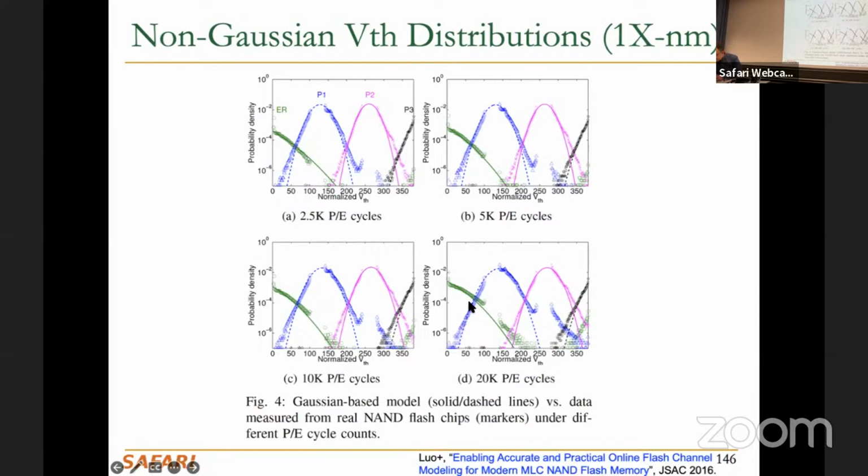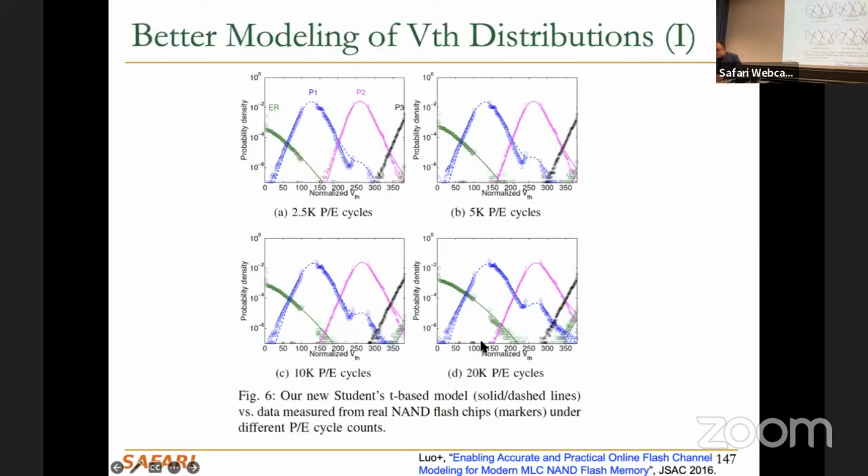You can see that our real measurement went like this, and at some point it goes to this line, but the Gaussian doesn't understand and just follows the same trend here. We show that using another model, a Student's t-based model, which you can read about in the paper, can follow our actual results better.